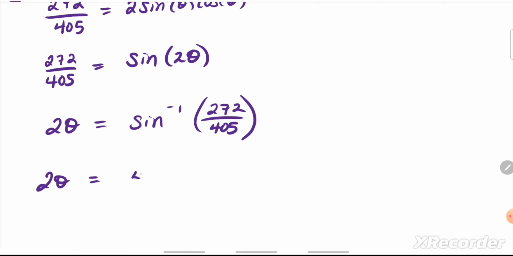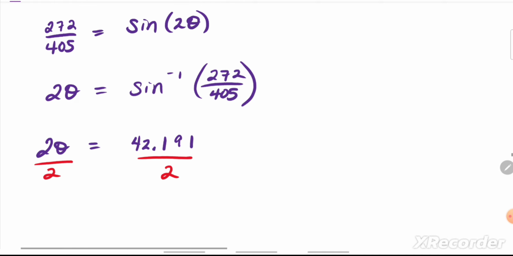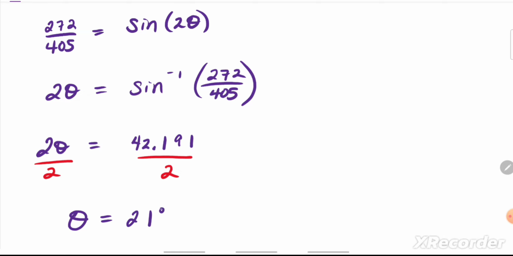That's going to give us 42.191. And then lastly, to solve for theta, we're going to divide both sides by 2. We end up with, and remember we're rounding to the nearest degree, theta equal to 21 degrees.